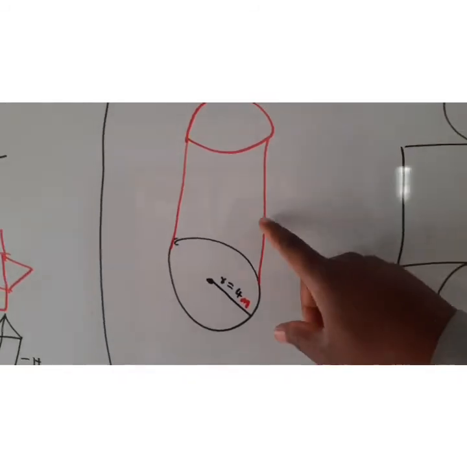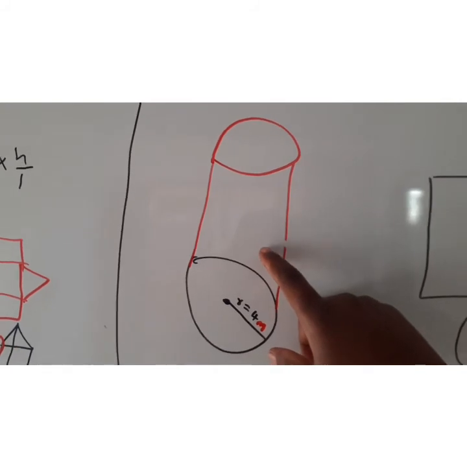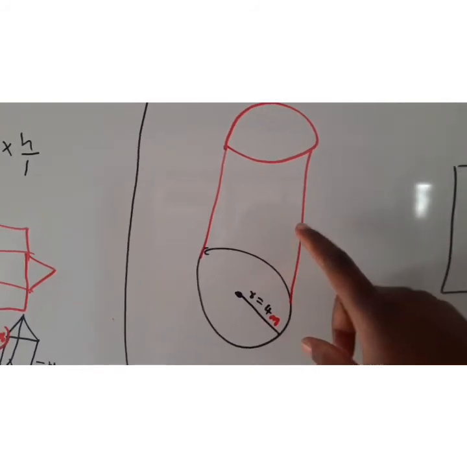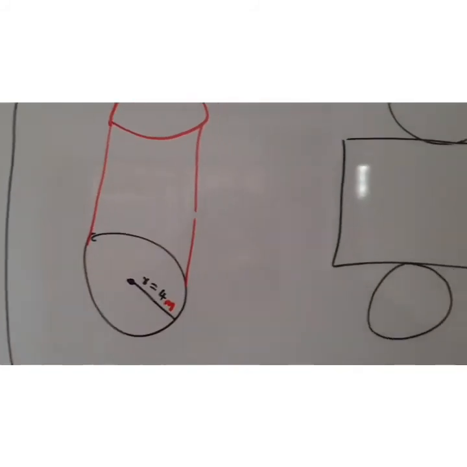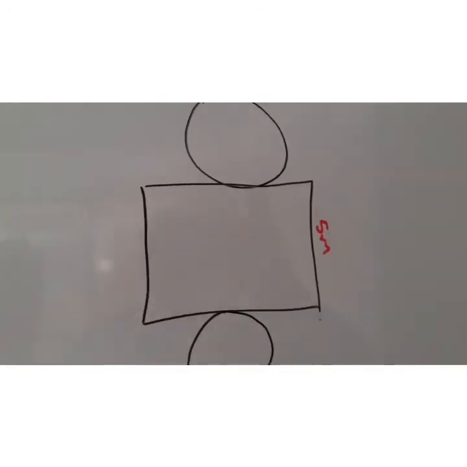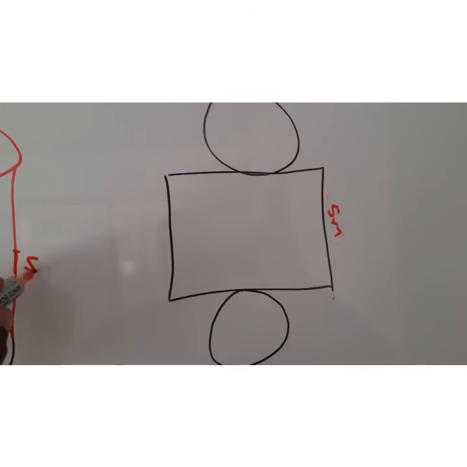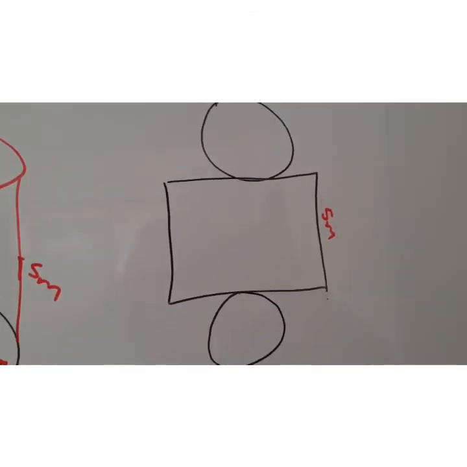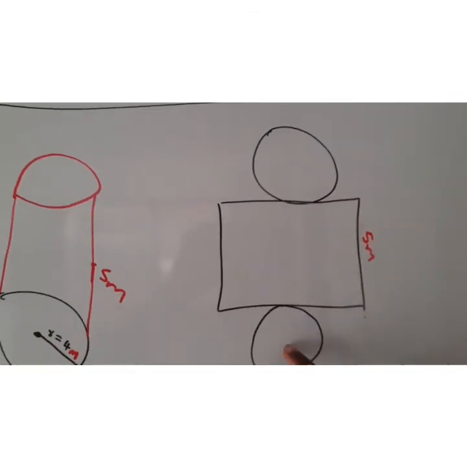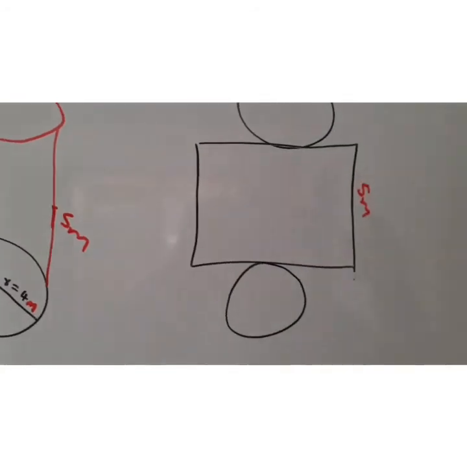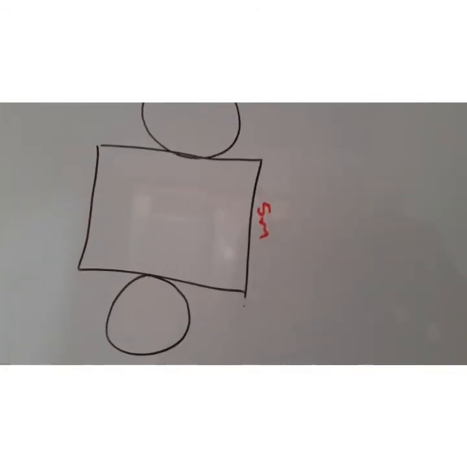So this is my 3-dimensional object. In order to get my surface area, I'd actually have to convert it into a net diagram, right? I'm gonna make it a net diagram so you realize that I have my 2 circles and my 1 rectangle.